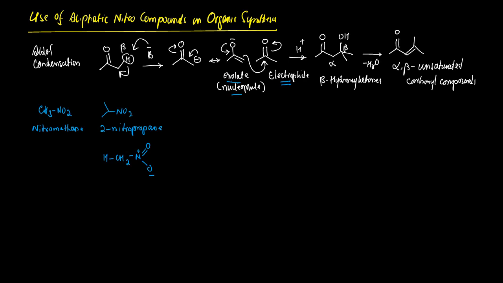These compounds are interesting because the nitro group stabilizes the resultant carbanion very significantly once it is formed after abstraction of the alpha proton.